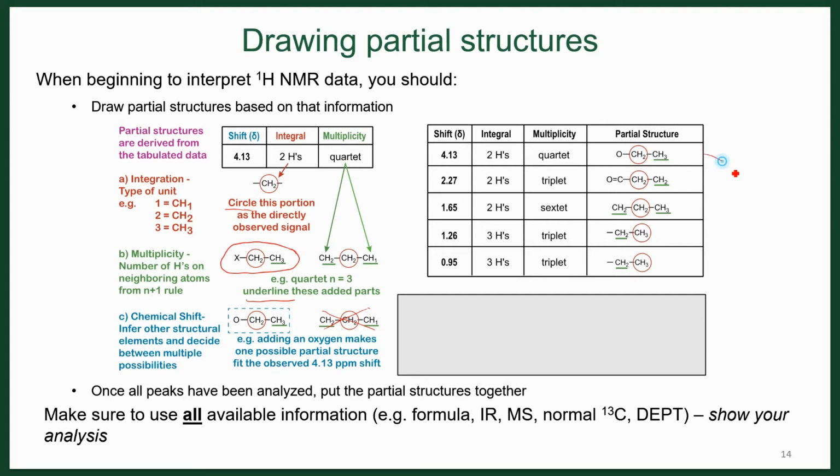And so we could combine these two into a single partial structure of O, CH2, CH3. And then if we look at the other systems that we have here, we could combine this one and this one, because this CH3 group would be the same as that one, and then combine these two together as well, and we would end up with a partial structure that looks something like this.